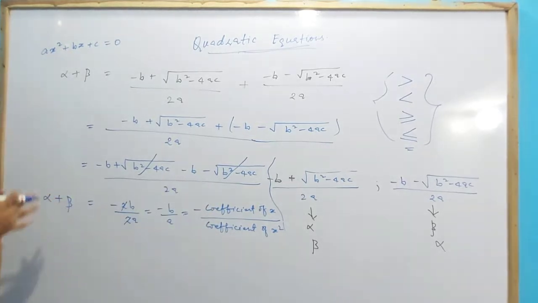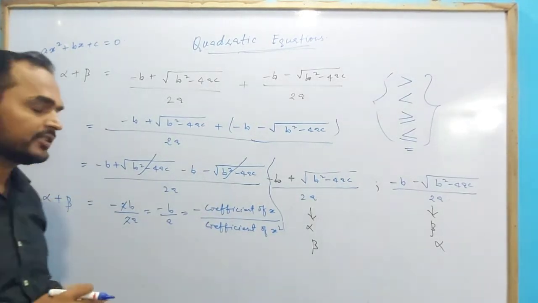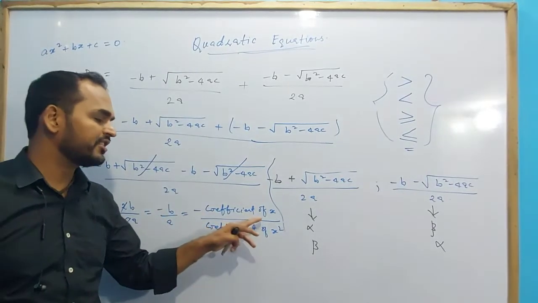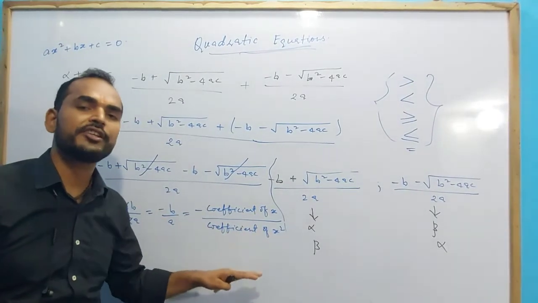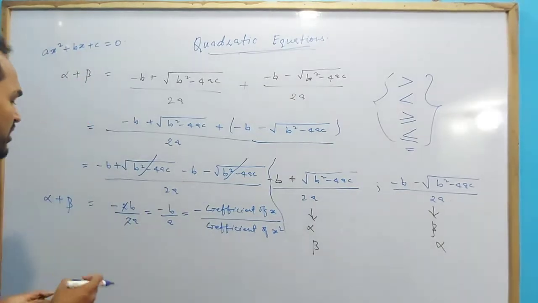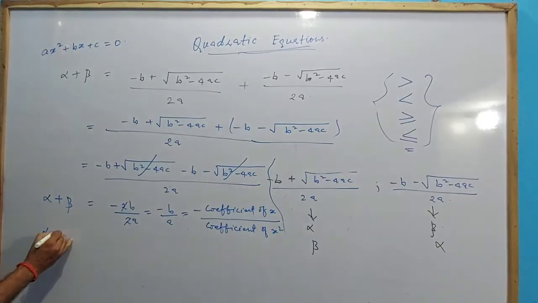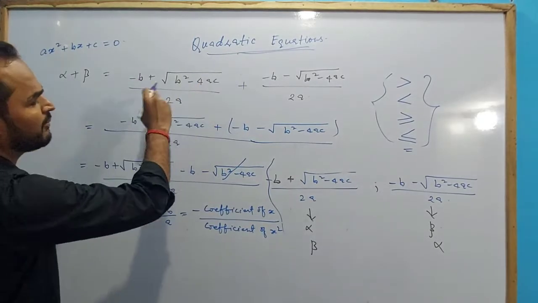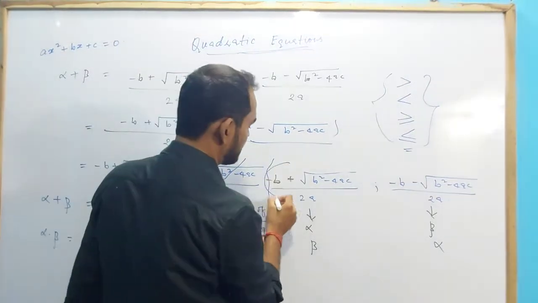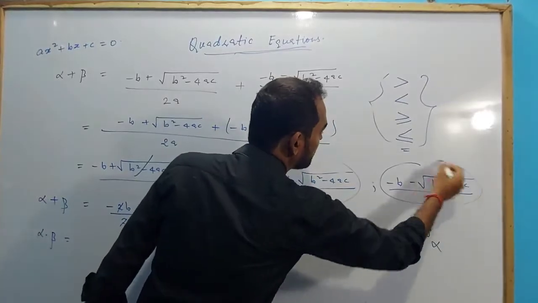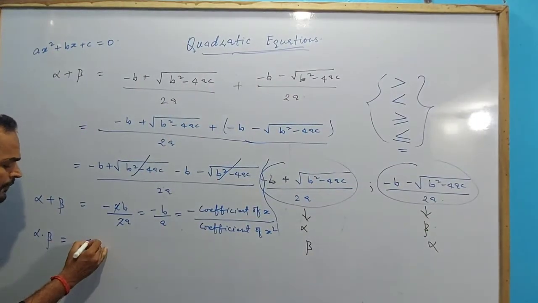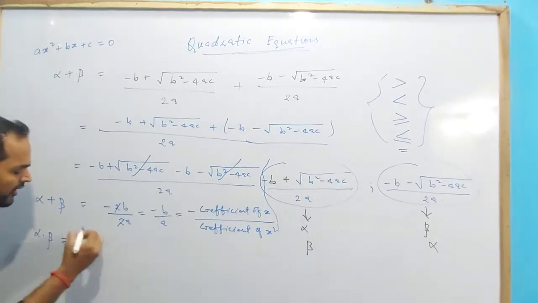When you add the roots of a quadratic equation, it will be equal to minus coefficient of x upon coefficient of x square. Now let's see what alpha into beta will be. If you multiply both, it will become c upon a.